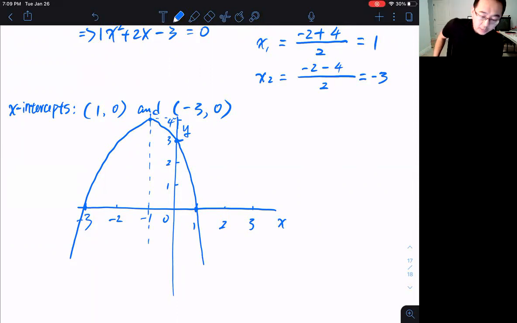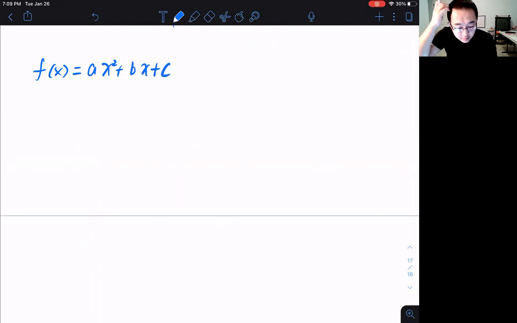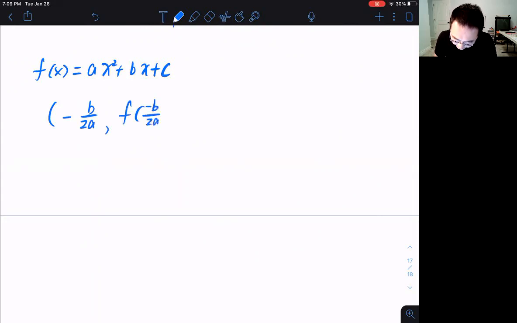Now, another general form, if you want to look for a vertex of a quadratic equation: if your quadratic equation's form is the very general ax squared plus bx plus c, then the vertex is always going to be negative b over 2a and f of negative b over 2a.